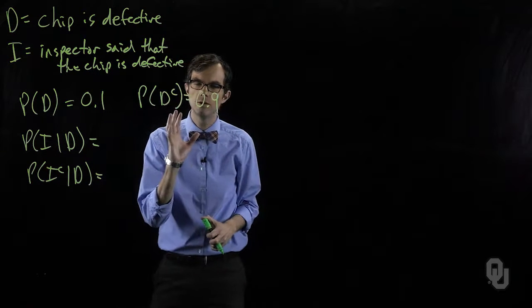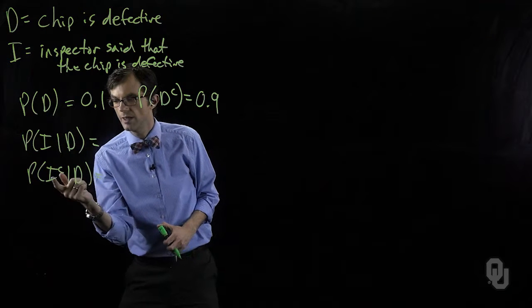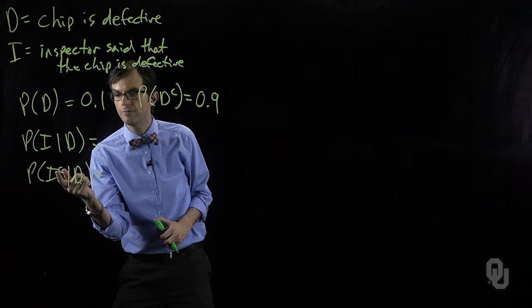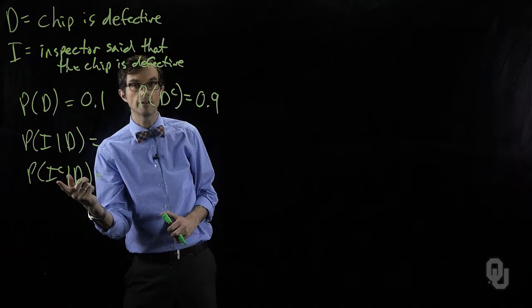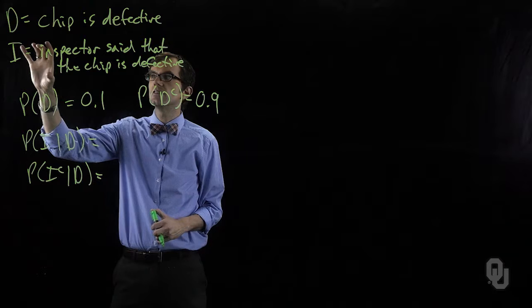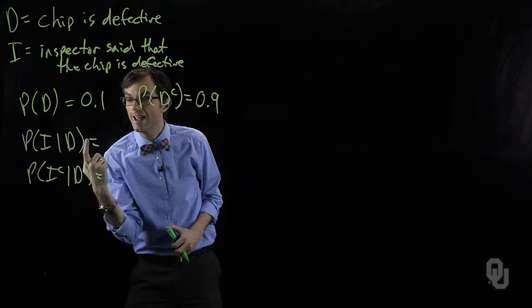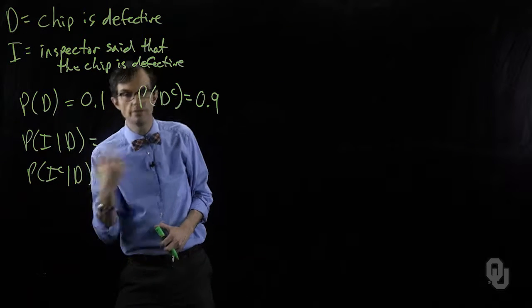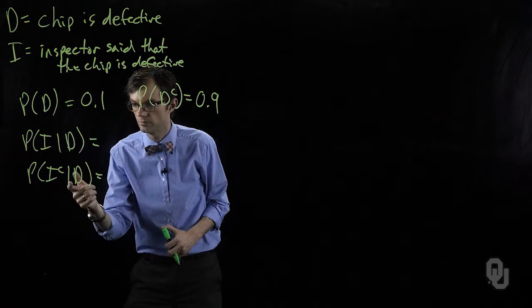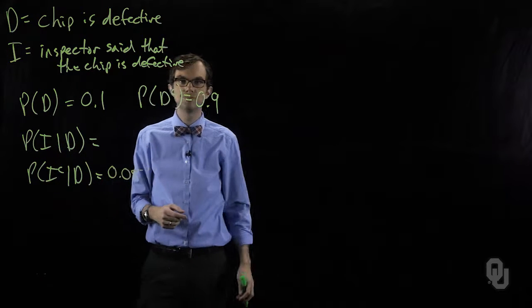So what would an error be here? If it's defective, the inspector would make an error if the inspector said it was not defective. We defined I as the inspector said that the chip was defective. So they would be making an error if it was defective and they said that it wasn't. That's the error, and that error occurs 5% of the time.